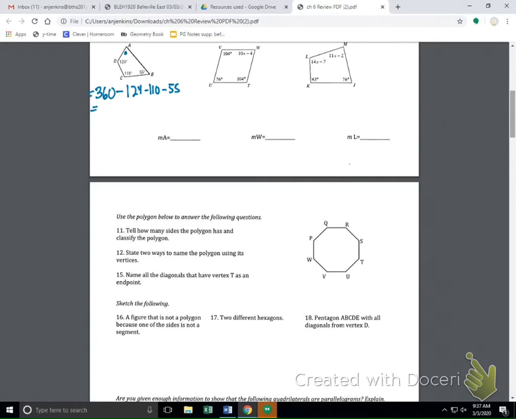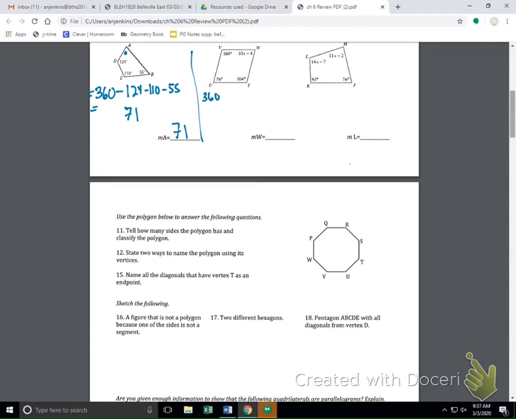So we're going to do 360 minus 124 minus 110 minus 55. 71. She's correct again.